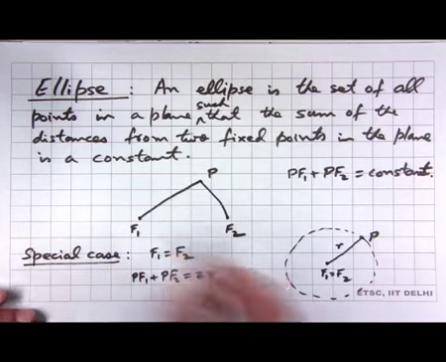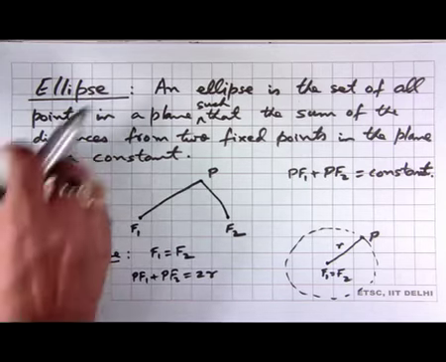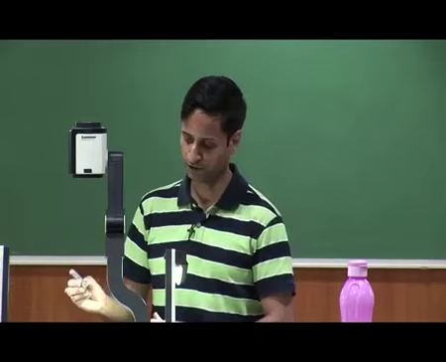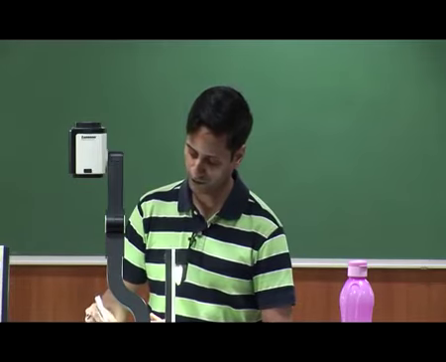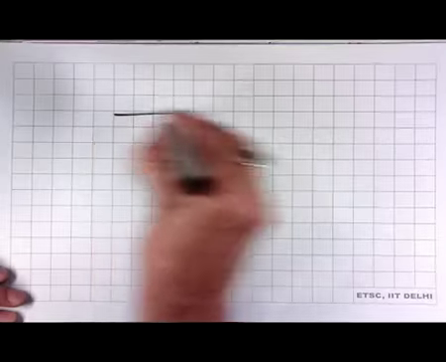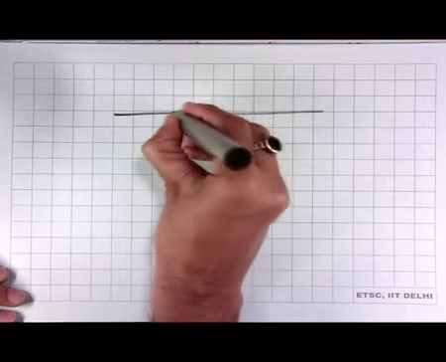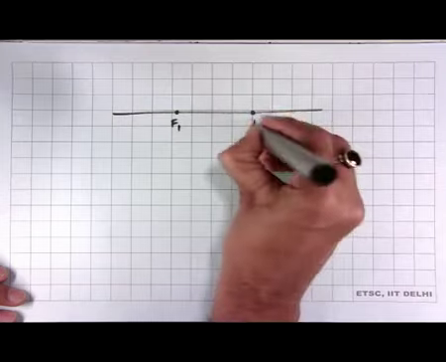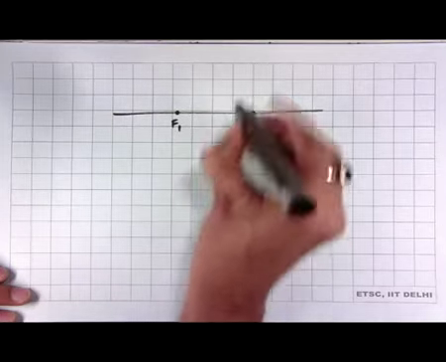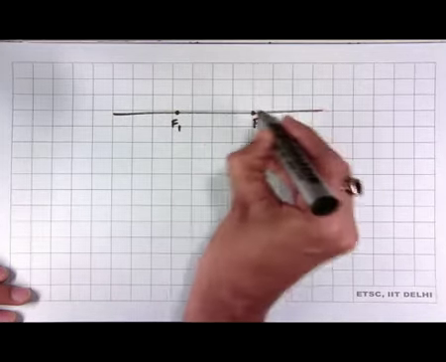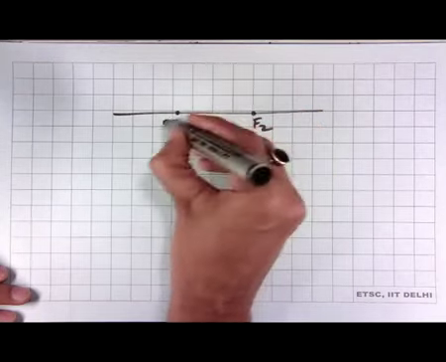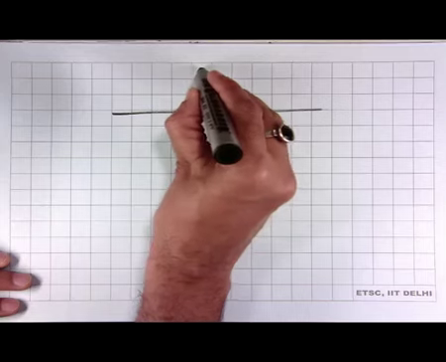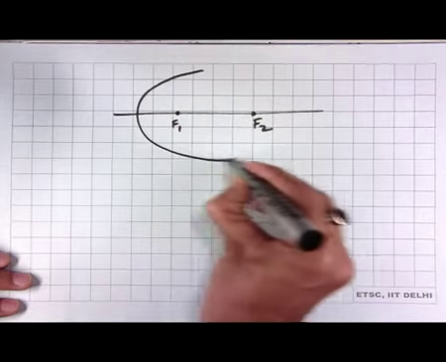What do we get if these two points are not the same? An ellipse is a generalization of the circle. If I have now these points F1 and F2, and then we look at all the points such that the sum of the distances from F1 and F2 is constant, we get a curve like this.